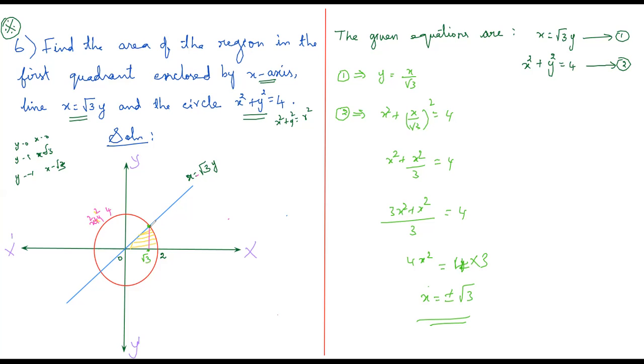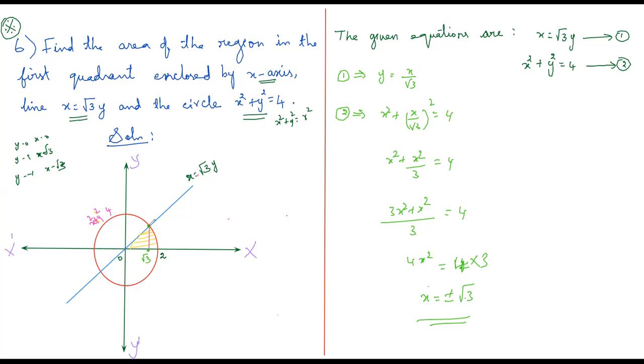So you get this point to be x comma y. It is root 3 comma y value. The y value is 1, right? Root 3 by root 3 is 1. So root 3 comma 1 is the point. So you can take the limit as 0 to root 3 for the line.